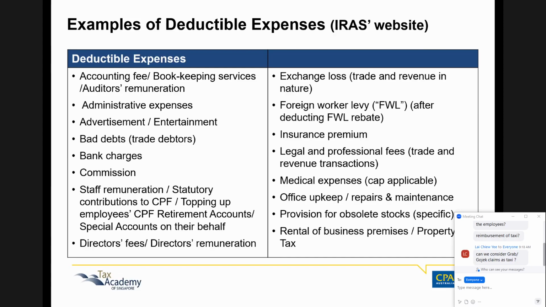Question 2 will be a tax computation, where you will see all these expenses reflected. Then you have to make a decision on whether it is deductible or not deductible. So if you don't do corporate tax that often, I suggest that you try to remember them. It's easier that way.